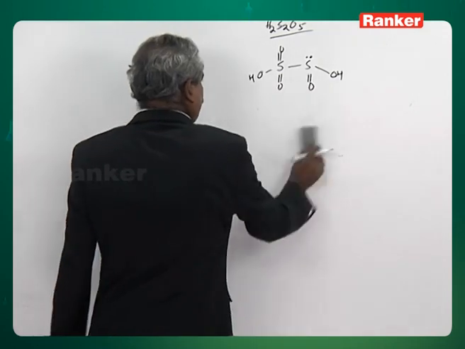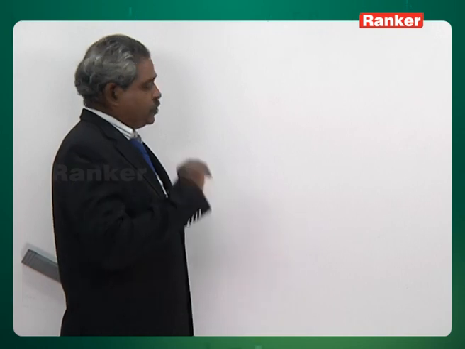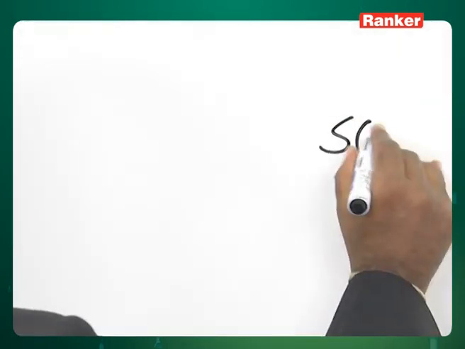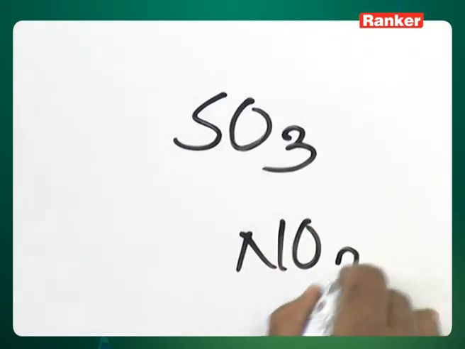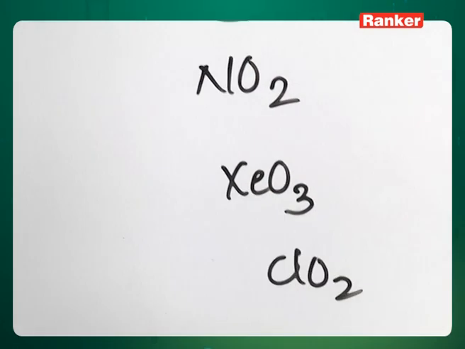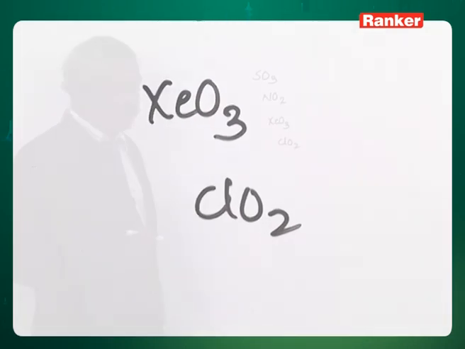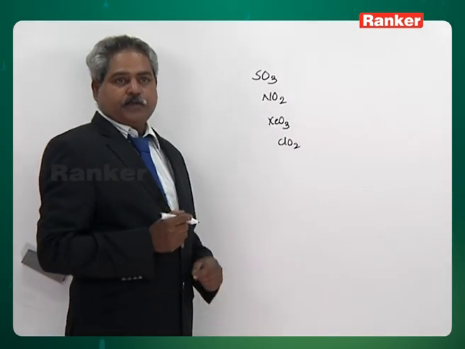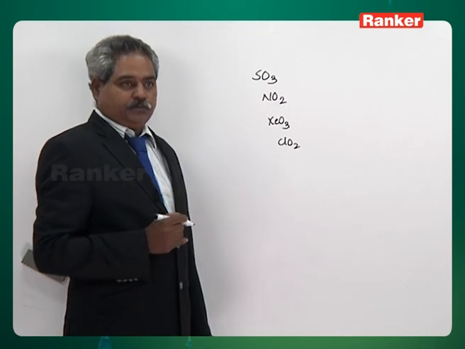So, how to draw any structure? We have discussed how to draw any structure. That includes the structures of all SO3, NO2, XeO3, ClO2, among other things. These are the oxides of our present groups.